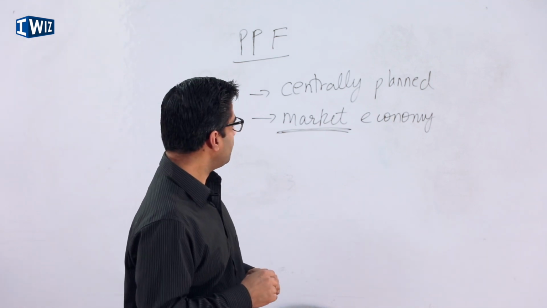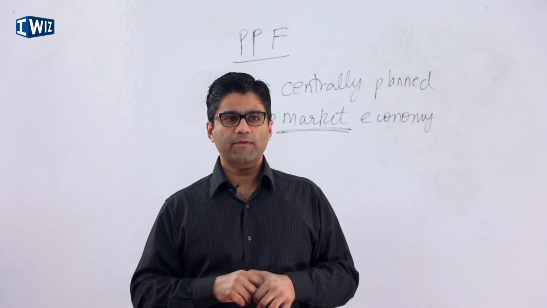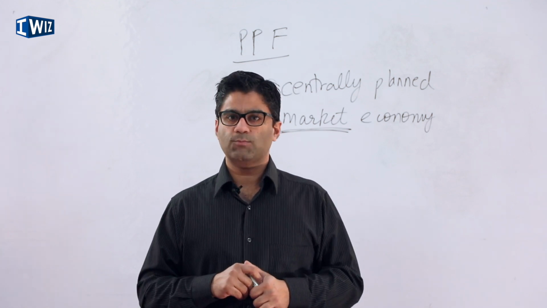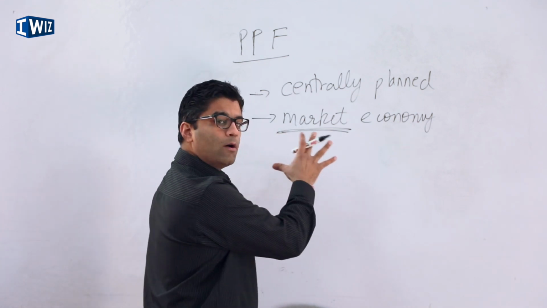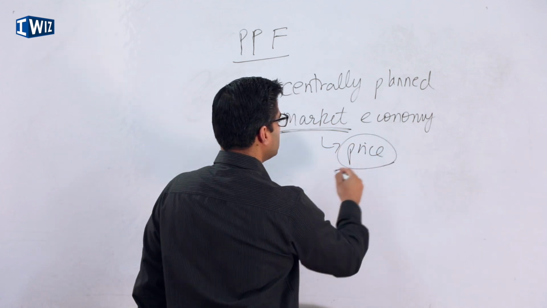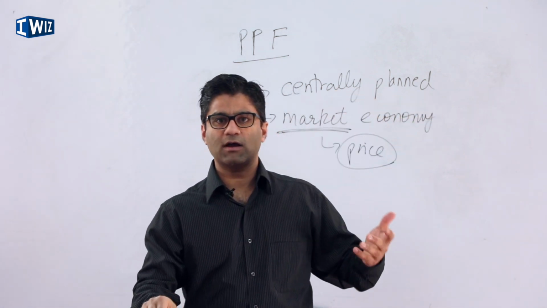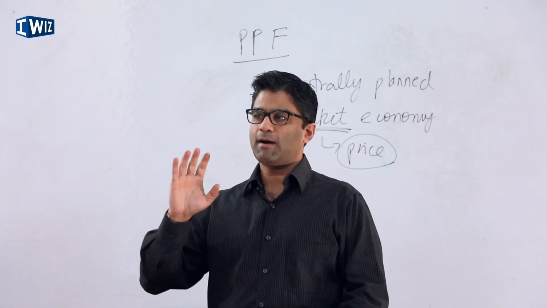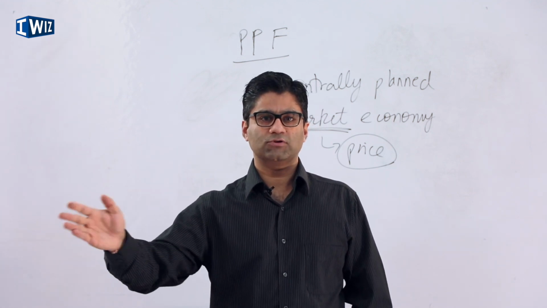Now, one important aspect of a market economy is how do we determine whether I want to buy something and how much I'm willing to pay for that. The key property of a market economy is that the price of a good determines everything. So in a centrally planned economy, we have the government that tells us you have to buy 10 cars in Delhi and you have to pay 1,000 rupees.